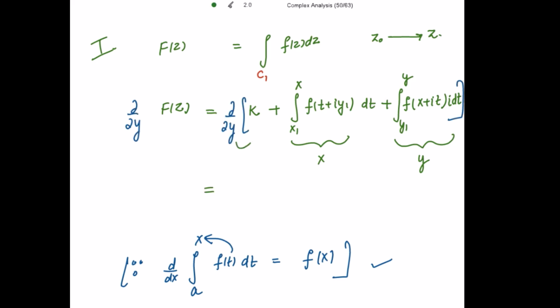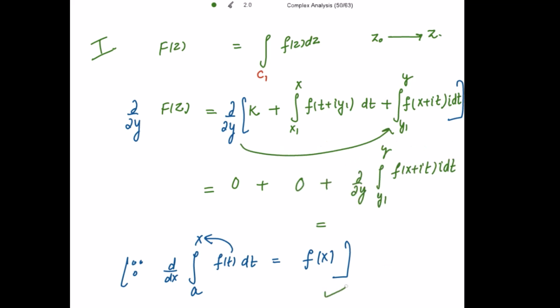So differentiating k, that is the constant, with respect to y, we are getting 0 plus, and when differentiating the second term with respect to y, because everything will be coming in x, the derivative is 0. Applying this result, we get f of, just replace with the upper limit. Iota is also multiplied, and this is nothing but your z. So this is equal to iota f of z.